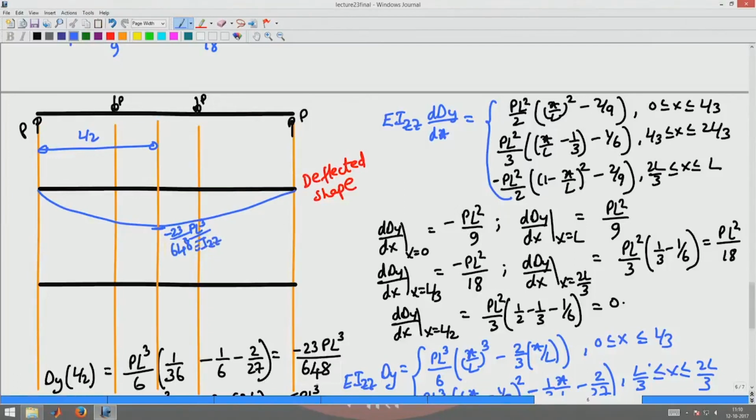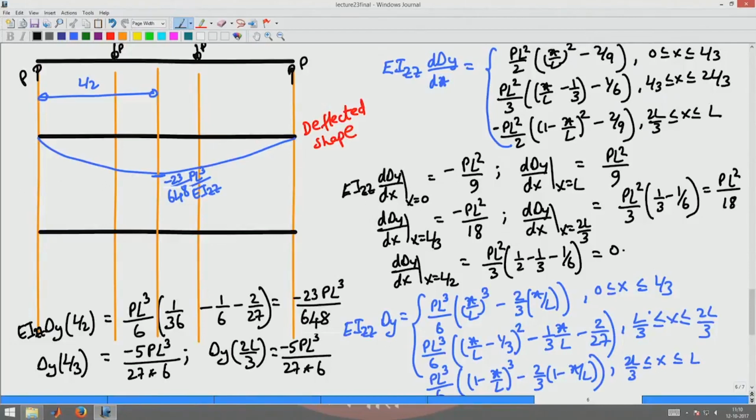Okay. All the things I left, E times I_zz should come in the denominator. So in all these expressions I should have E times I_zz. Okay. So now that is minus 23 PL cube by 648 EI_zz.